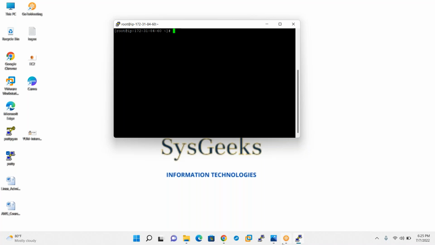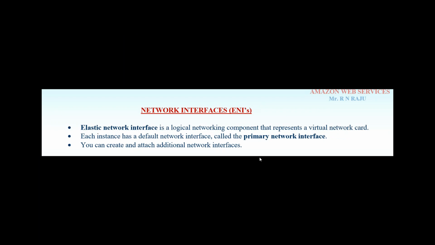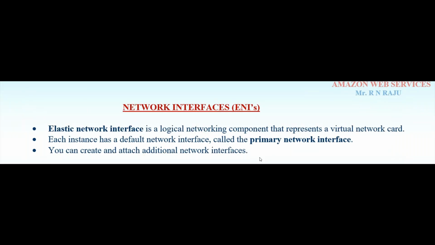what is a network interface? This is also important in the environment. An elastic network interface is a logical networking component that represents a virtual network card. Each instance has a default network interface called the primary network interface.